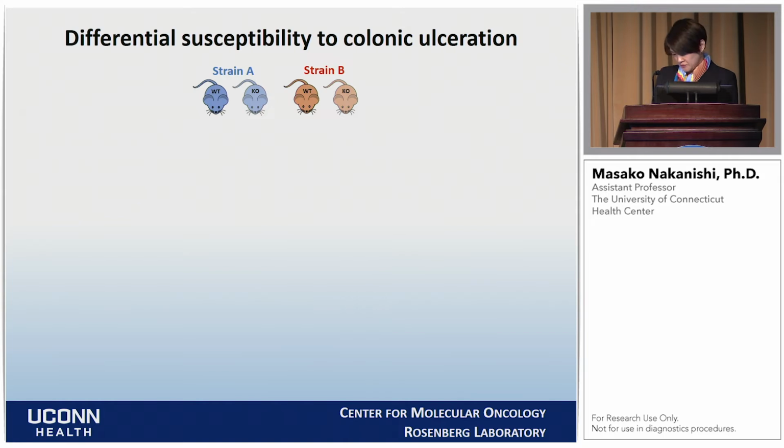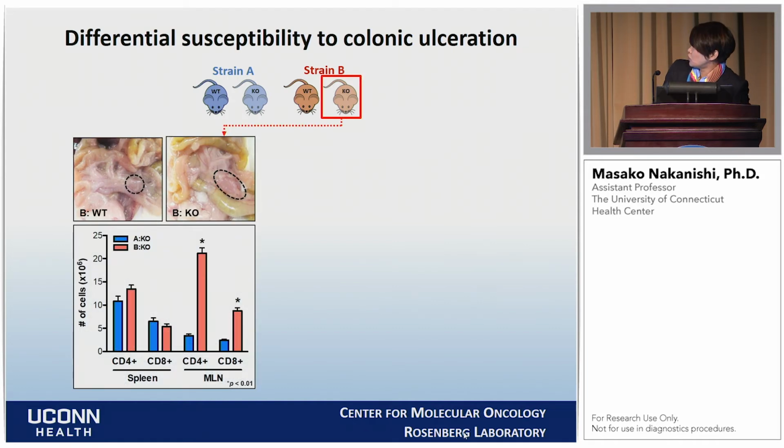However, the strain B mice, but not strain A knockout mice, spontaneously develop inflammatory phenotype. So when we open up this strain B knockout mice, we found that mesenteric lymph node, which is a draining lymph node for the colon, was significantly enlarged compared to the wild type counterpart.